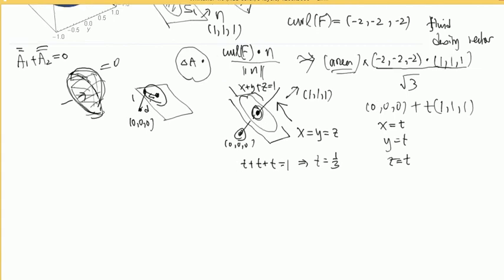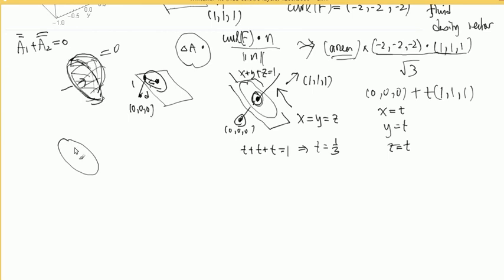So we got that point, going to call it P. All I have to figure out is one more point on the circle, which is part of x squared plus y squared plus z squared equals 1, and x plus y plus z equals 1. That's where these two surfaces intersect around the circle. Down there is 0, 0, 0. If I can come up with one point out there, I can do the distance formula.